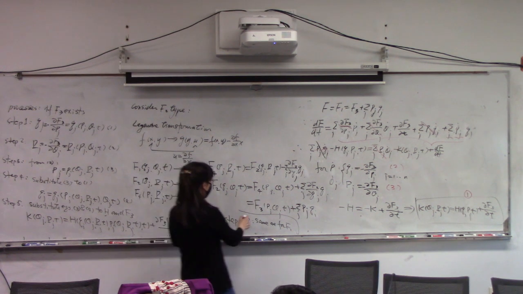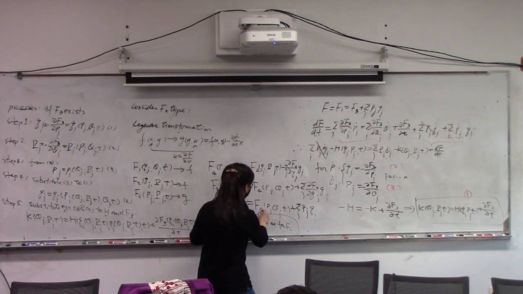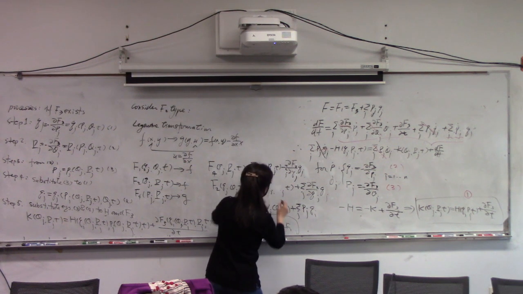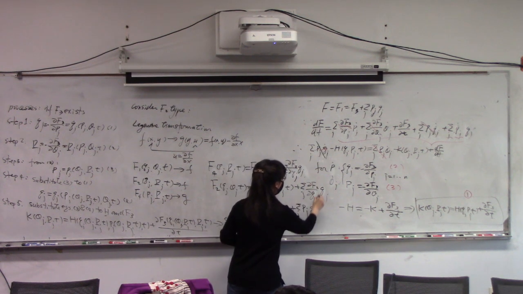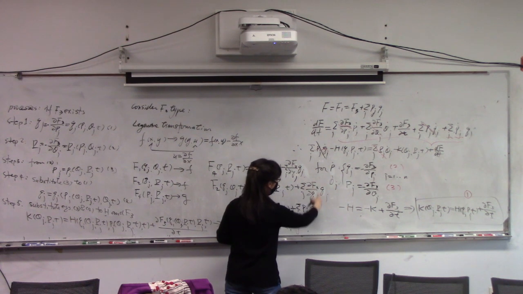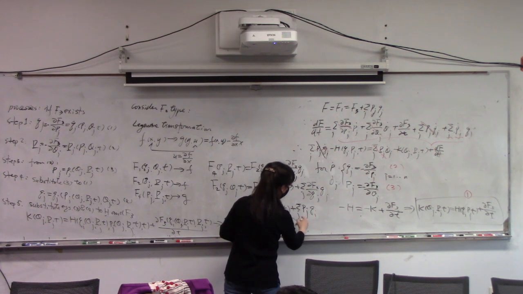Okay, then here, F4, and this one, partial F2, partial is positive QJ, right? PJ, you can remember this one is PJ. So that is this one.